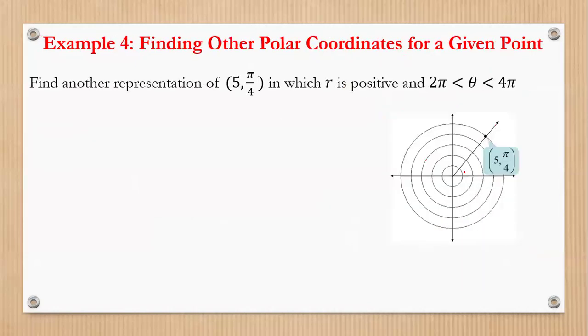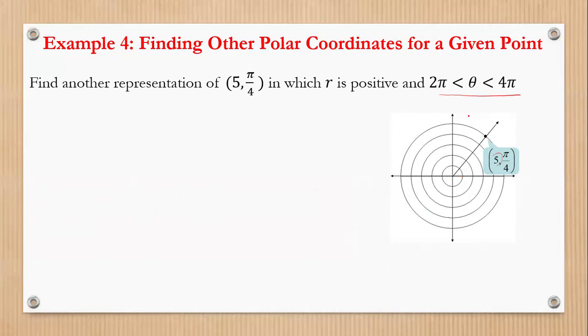For example, in this example, it says find another representation of this point, 5 and pi/4, in which r is still positive and the angle is between 2 pi and 4 pi. So right now, r is +5 and the angle is pi/4, but it's not between 2 pi and 4 pi. If you want an angle between 2 pi and 4 pi, you have to go more than one rotation.